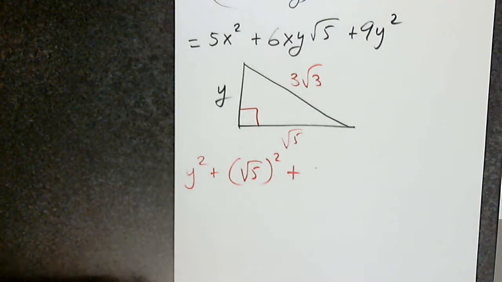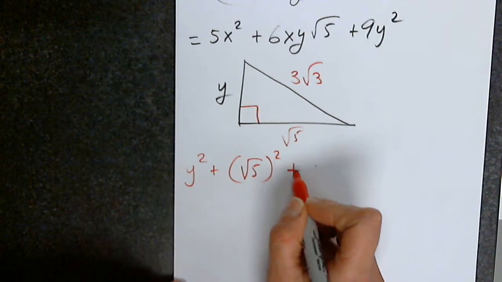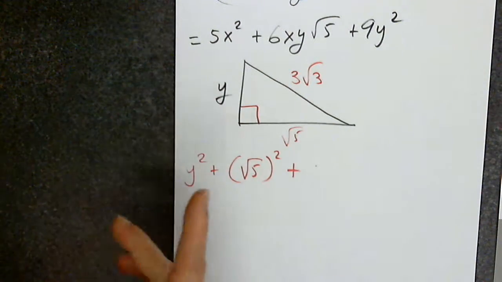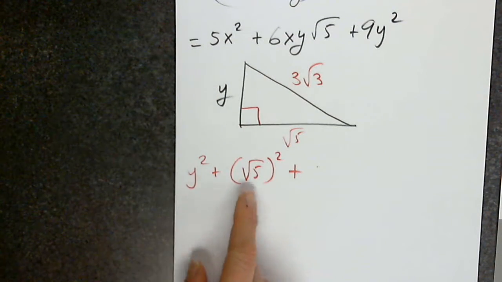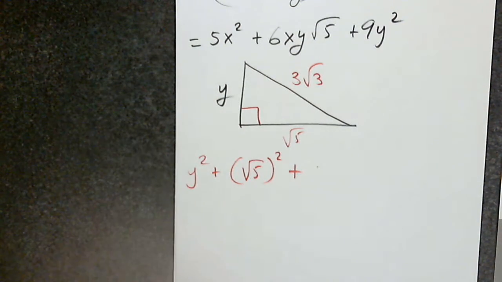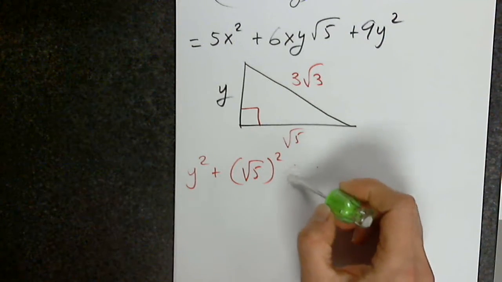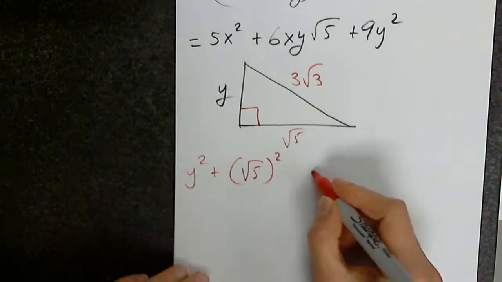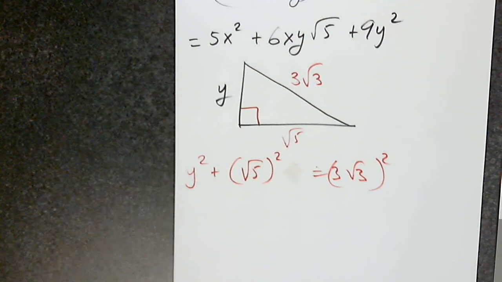I heard 5, my mistake. Equals. So you're gonna say, and I interrupted you. Forgive me. So y squared plus this squared. I thought you said 5, but you said y. Okay, my mistake. Sorry. Okay, indeed, y squared plus the square root of 5 equals 3, the square root of 3 squared. That's it. Awesome. That's all I needed.